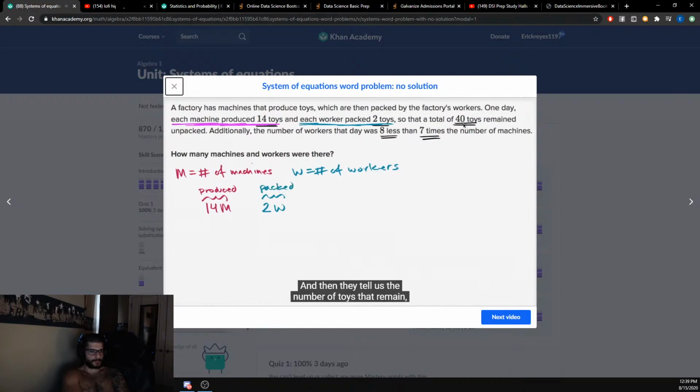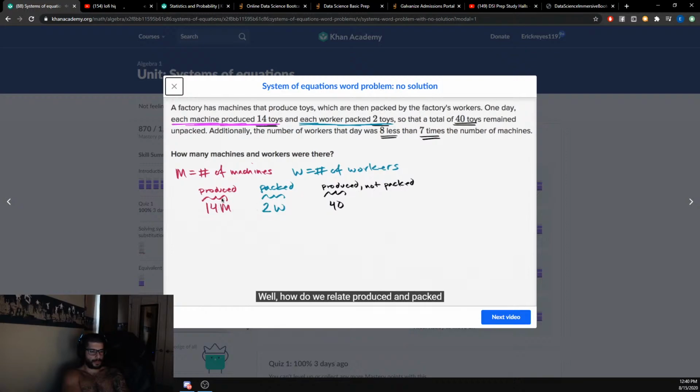And the total that remains unpacked is 40. So 40 is produced but not packed.